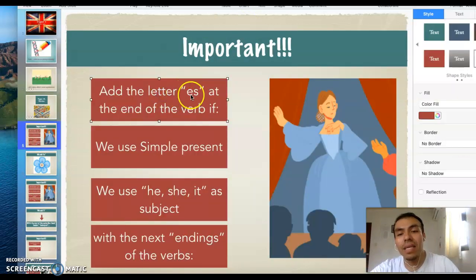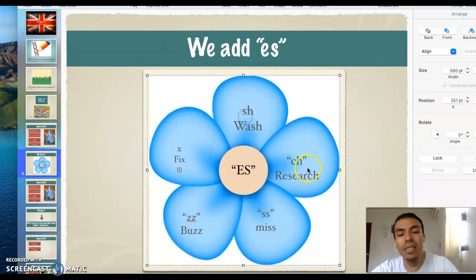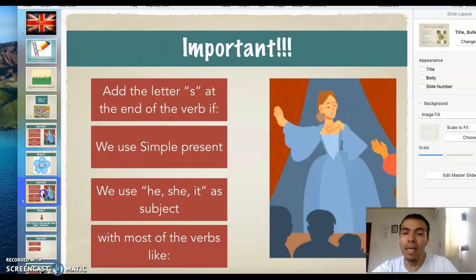Add the letters es at the end of the verb if we use the simple present with the subject he, she, or it, or with sh, ch, ss, x, zz.